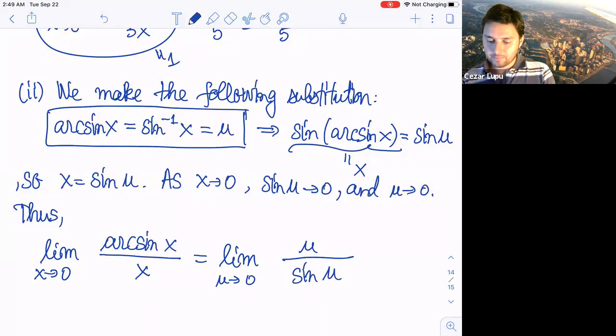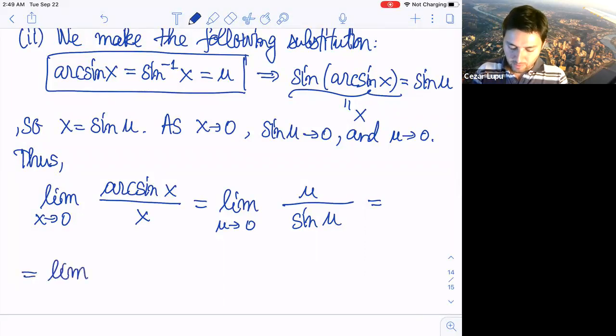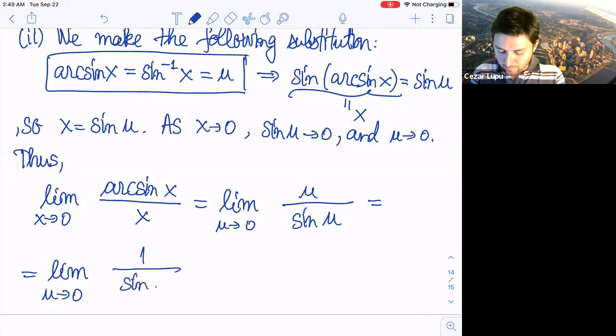If you want to write it in this way, it is the limit as u approaches 0 of 1 over sine of u over u.